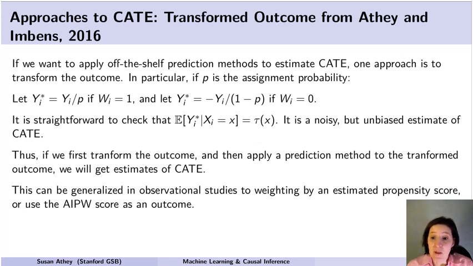So if I did a 50-50 treated control split, and I find a certain person that was treated, suppose they got a 75 on the exam. Well, their transformed outcome is going to be 75 divided by a half, which is 150. So my estimate of their treatment effect will be 150, which is crazy because nobody could have a treatment effect of 150 because scores are between 0 and 100.